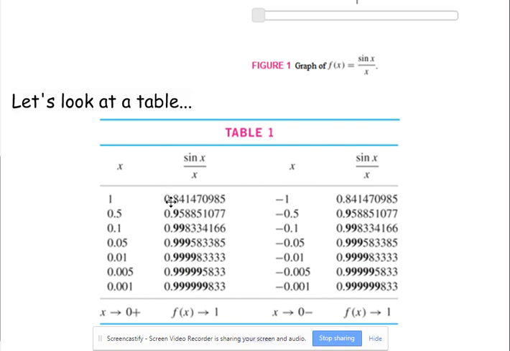Look at what the y values are doing. They're getting closer and closer to 1, 0.999. I mean, that's essentially 1. And the exact same behavior happens on the left side. If we start at -1 and we move closer to an x value of 0 on the left side, our y values are getting closer and closer to +1.